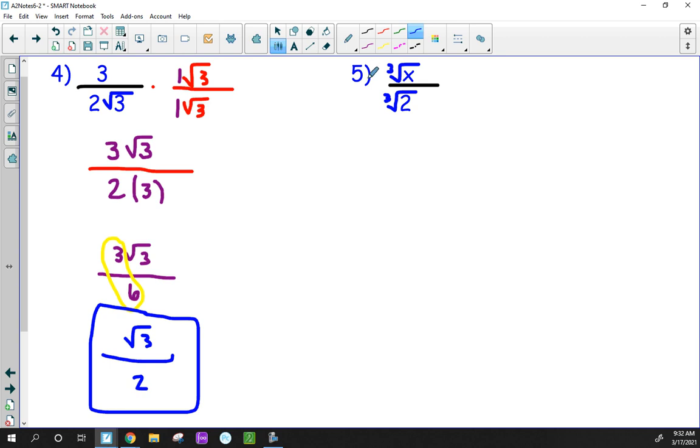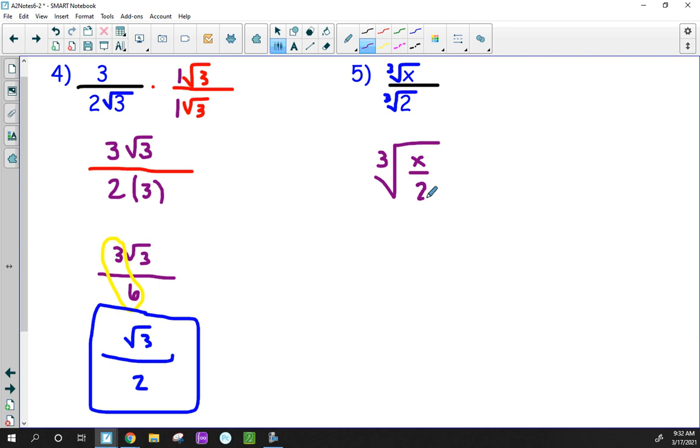Okay, now number 5, just making sure you recognize patterns. This one is more like the problems we did on the last slide. We have the cube root of x divided by the cube root of 2. I do have the same index number, and I see a fraction. So if I can divide the numerator by the denominator, you want to do this.